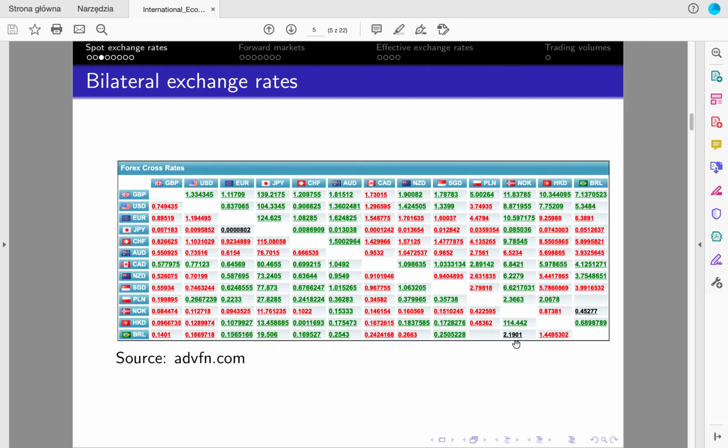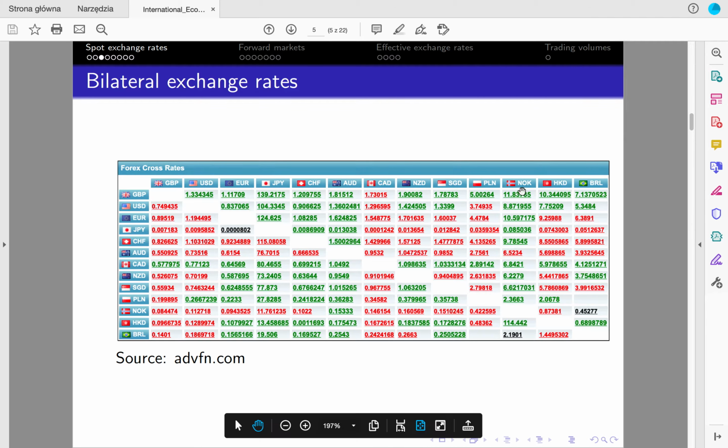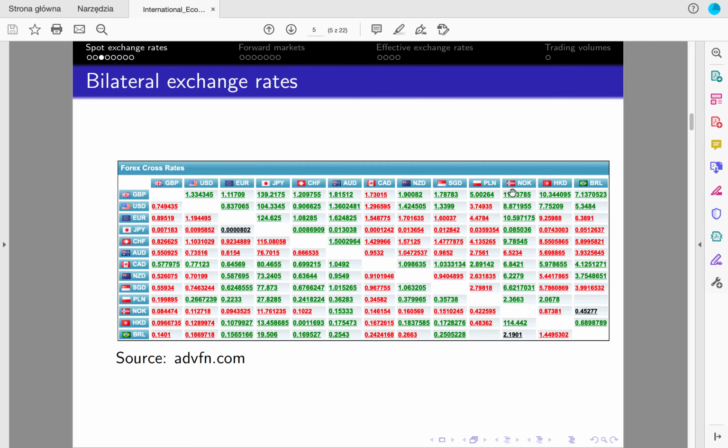We see, for example, that the exchange rate between the Norwegian krona and the Brazilian currency is in black. Why is it like that? Well, it's because they maintained the same level.